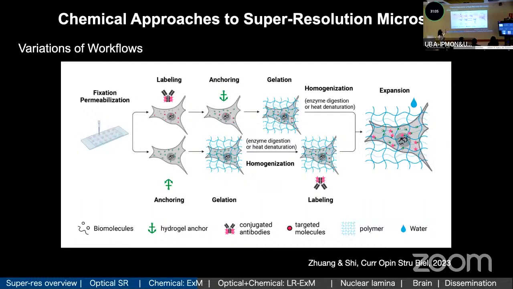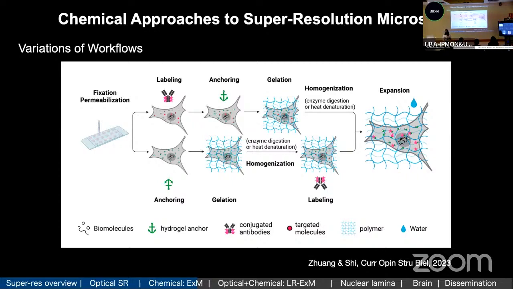And over the years, there is another group of workflows, which does the immunostaining after the expansion. So you do the labeling after expansion. Here, the different thing is that when you do the homogenization, you can't do polymerized protein escape digestion. It's too strong.